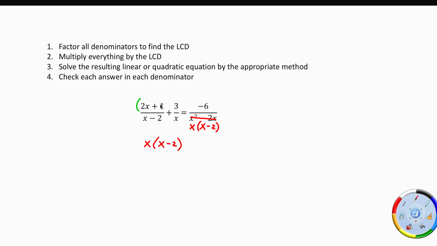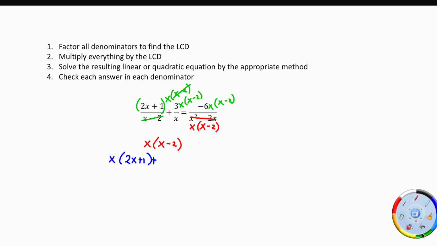That means I'm going to multiply every one of these terms by that denominator all the way across, x times x minus 2. Now in this first term, the x minus 2's get to divide out, which just leaves x times 2x plus 1.